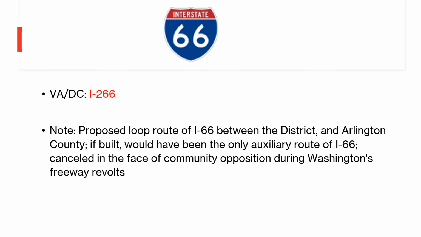It was canceled in the face of community opposition during Washington's freeway revolts. Now you're going to have some of these coming up where interstate highways got canceled because of these freeway revolts, and some uncompleted sections of interstates as well.